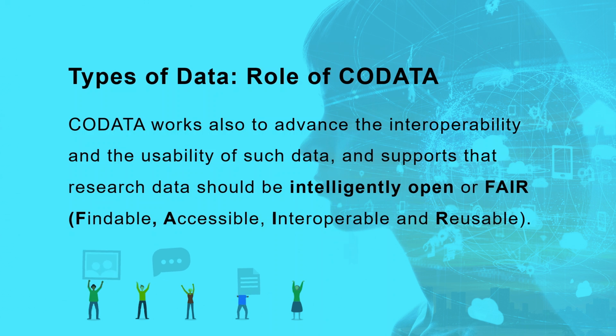CODATA also works to advance the interoperability and the usability of such data and supports that research data should be intelligently open, or FAIR, which signifies findable, accessible, interoperable and reusable data.